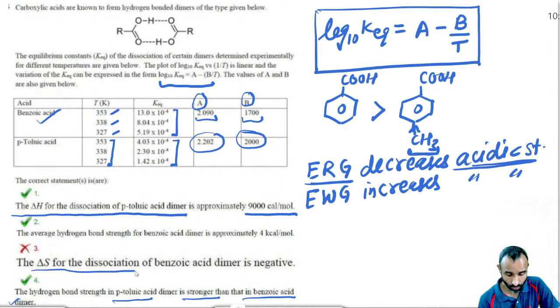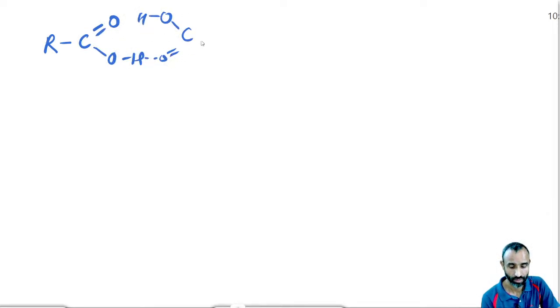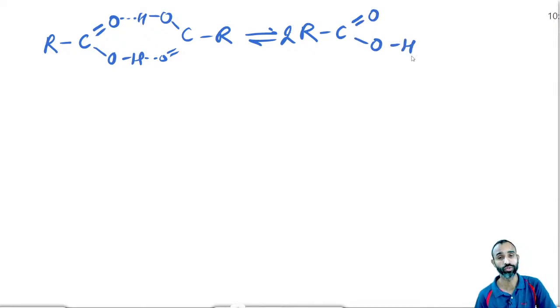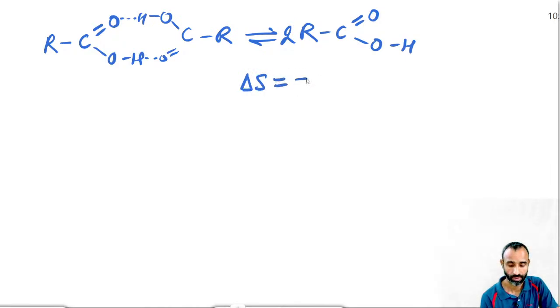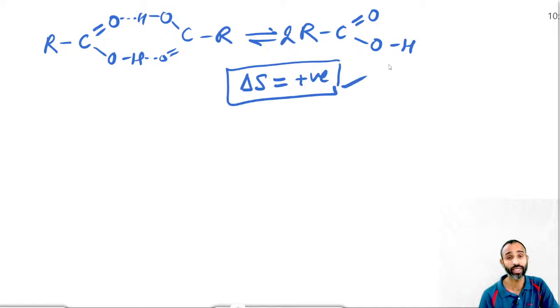And delta S for the dissociation of benzoic acid dimer is positive: when a dimer dissociates, we get two molecules, so obviously entropy will increase because the number of molecules increases when breaking of dimers takes place.